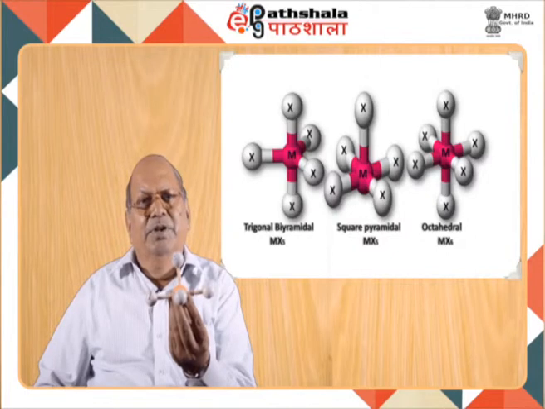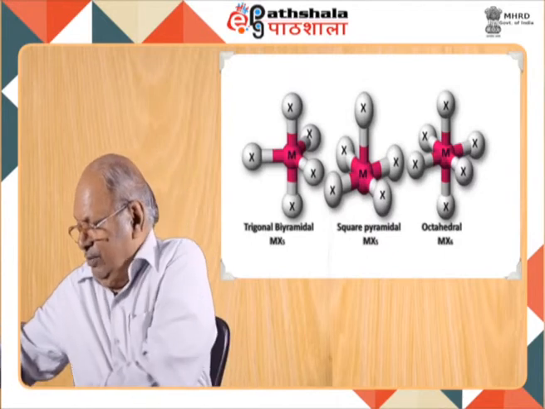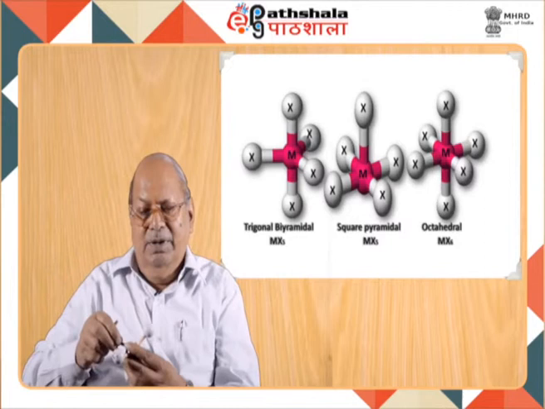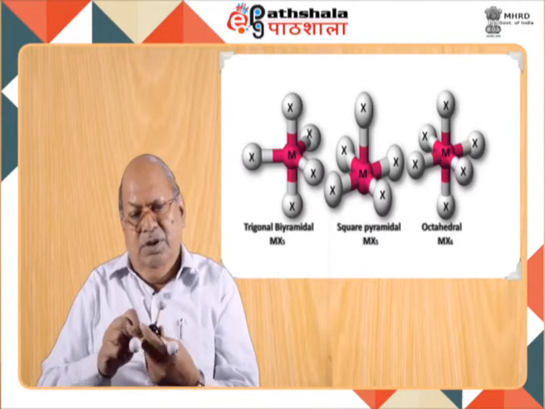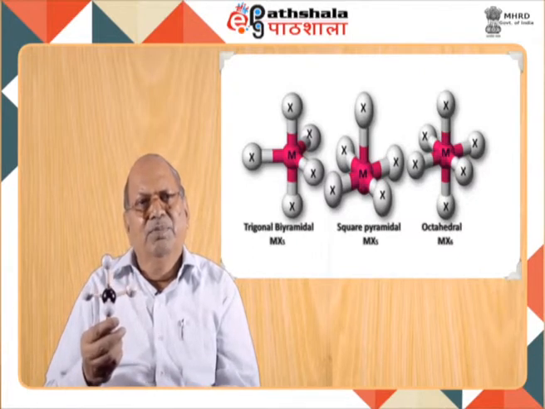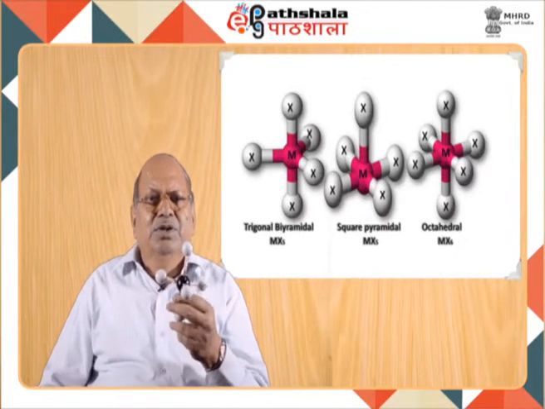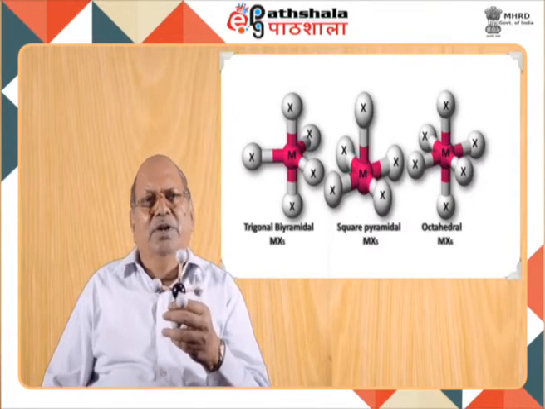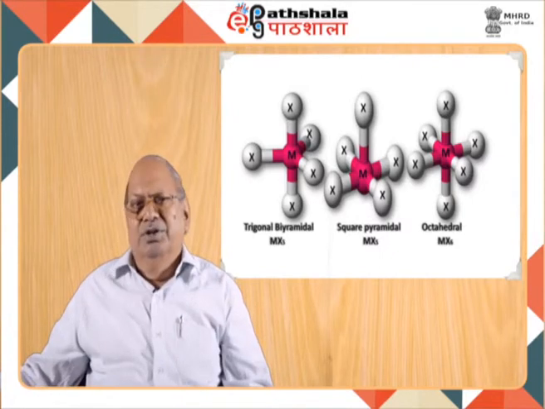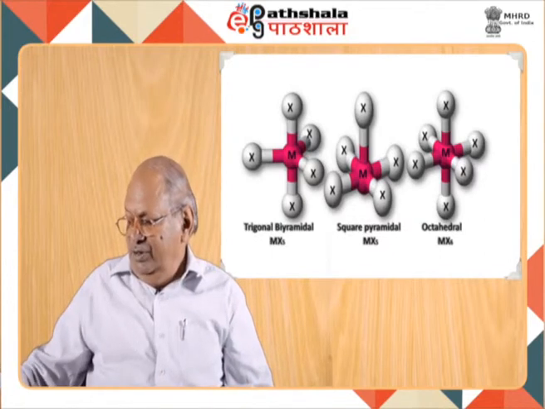This is a square pyramidal molecule with MX5, and this is a trigonal bipyramidal molecule with MX5 like this. So MX5 can be square pyramidal or trigonal bipyramidal. Like this, it is necessary that you should be well aware of the shapes of the various molecules before going into the scheme of classification.